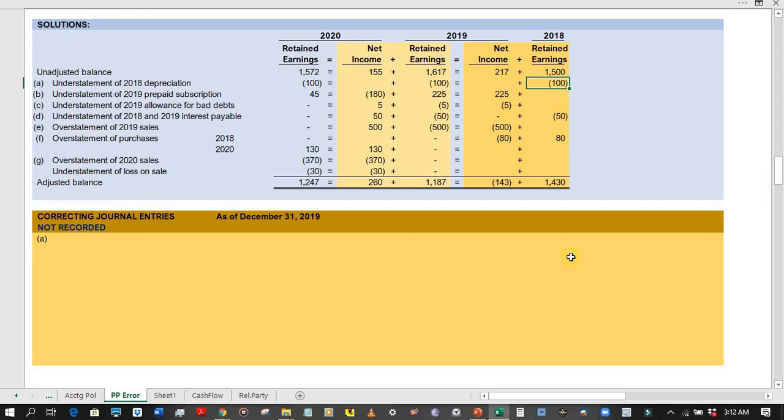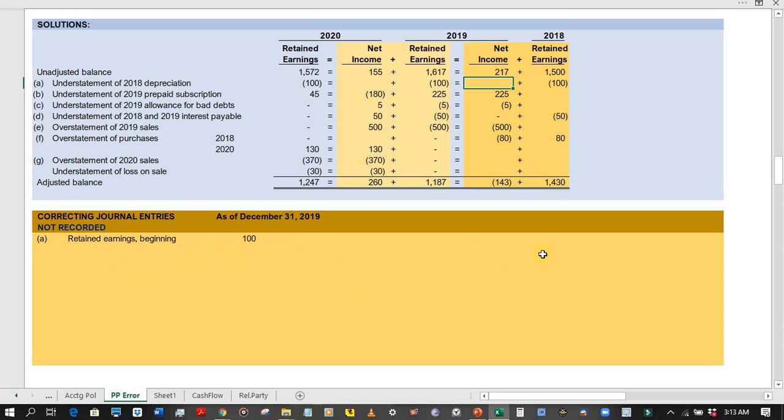So the first account to be recorded is a debit to retained earnings beginning for 100 pesos. So this time, the retained earnings beginning pertains to beginning in 2019. So that is 100 pesos. And again, since the adjustments in net income and retained earnings are not balanced because there is no adjustment in net income, it means we are going to use either an asset or a liability account in the credit side.